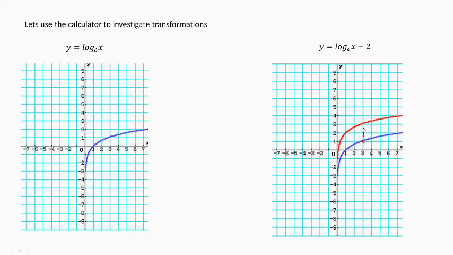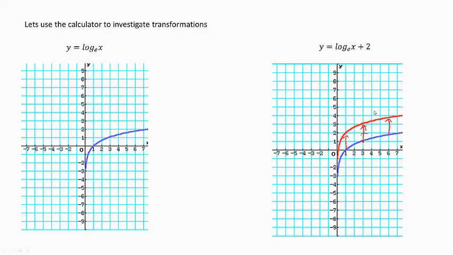Well, that's the one drawn in red, and you can see that every value has now moved up 2 spaces. Plus 2. Every point on the graph has moved up 2 spaces. And so x equals 1, y equals 0 is now x equals 1, y equals 2.